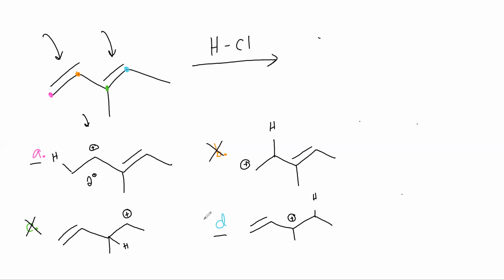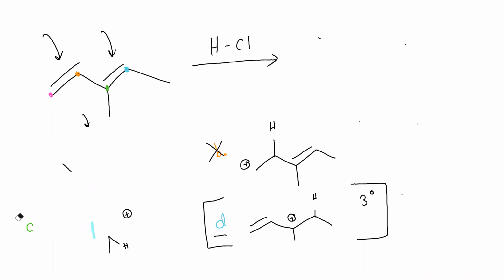For carbon D, where we add the hydrogen to, we have a tertiary allylic carbocation. As a result, we're going to call this carbocation intermediate D the more stable, and thus the intermediate we are going to form with this whole hydrohalogenation. All right, so I'm going to erase some of this stuff really quickly.